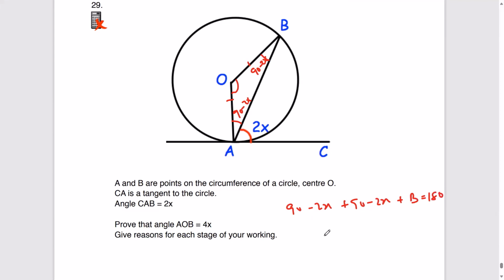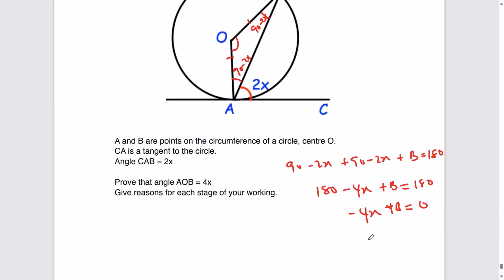So 90 plus 90 is 180, this minus this is minus 4x, and this is B. Now if you subtract 180 from both sides, you have minus 4x plus B equals 0. So B, adding 4x on both sides, is 4x. So that's how we know that angle AOB is 4x.